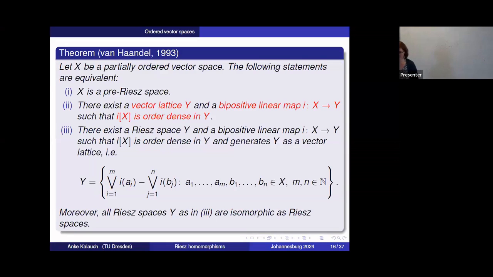And if you do this, then you get a unique object. It doesn't matter which construction you use or with what ambient vector lattice you start, when you construct the smallest such space, they are isomorphic. So there you have a unique object, a unique ambient lattice for every previous space.